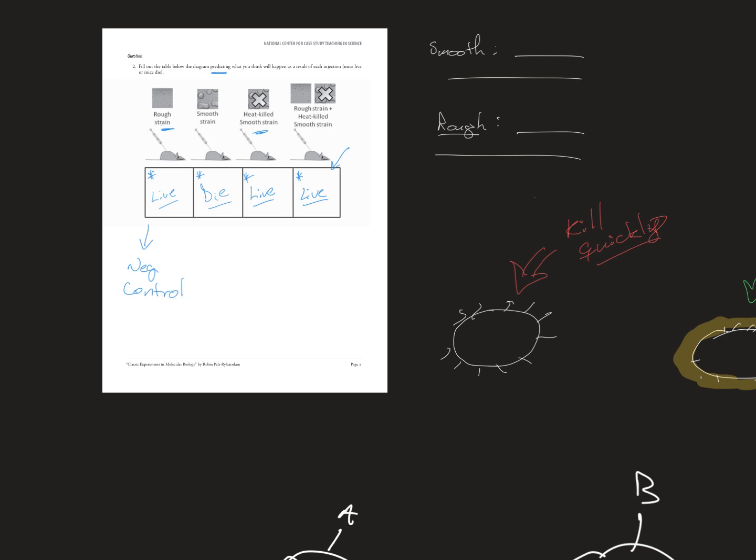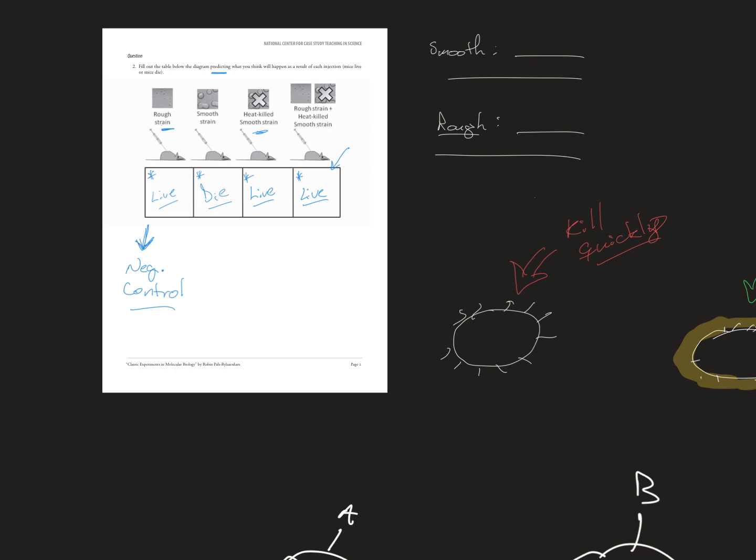We know it's not going to kill. We know the answer is going to be no, but we're going to do it anyways to make sure that it's not our needle, it's not the liquid that we're putting the bacteria in. There's no confounding factor that's going to cause this mouse to die if it does die.